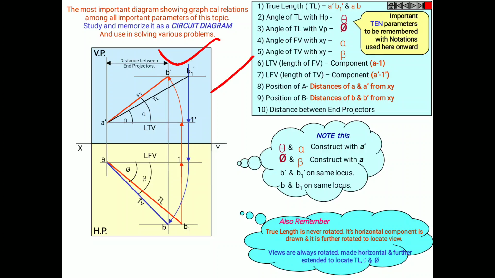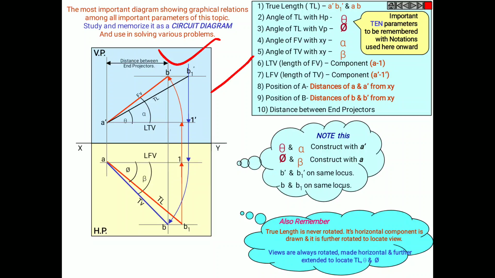Length of front view is component of a dash and 1 dash. Position of A, distances of A and A dash from XY. Position of B, distances of B and B dash from XY.